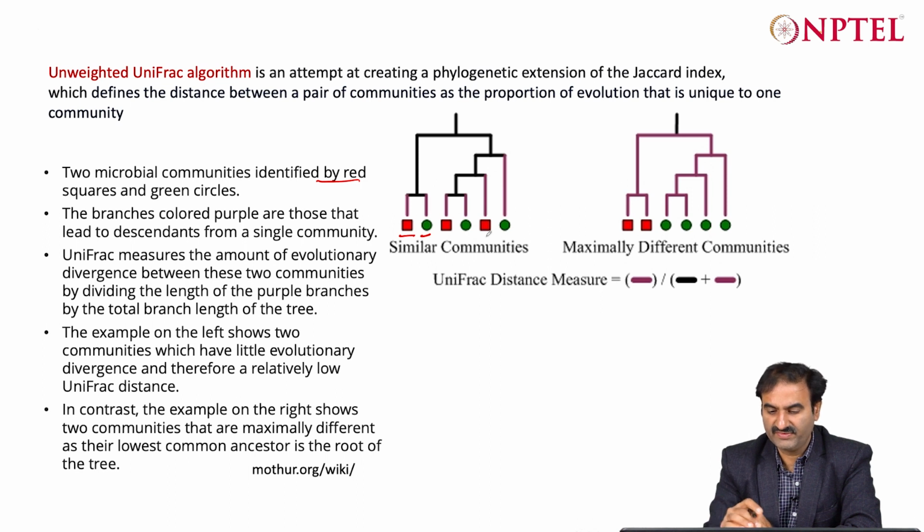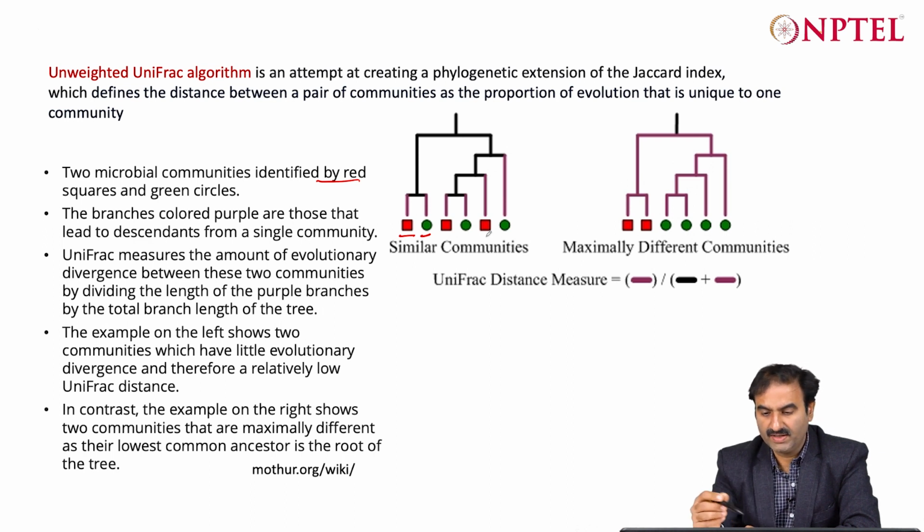Okay, so this is their UniFrac distance. So here if you see, these branches are colored differently, right, and they are not very different in terms of their evolutionary distance.